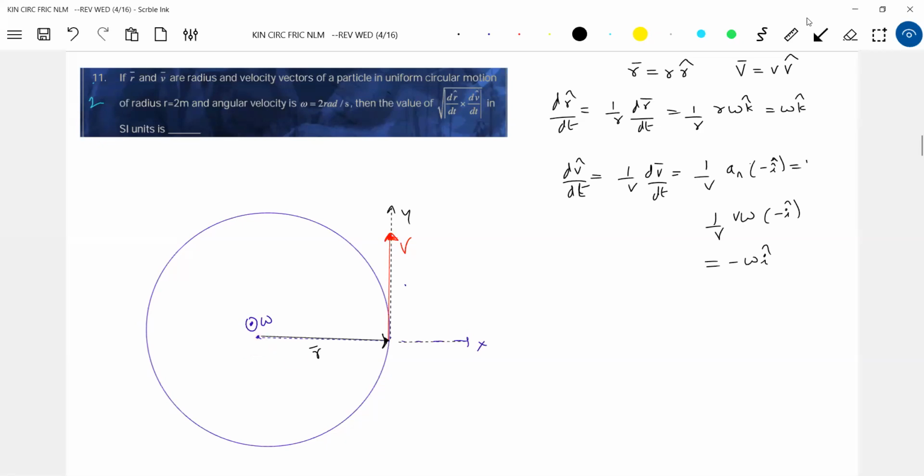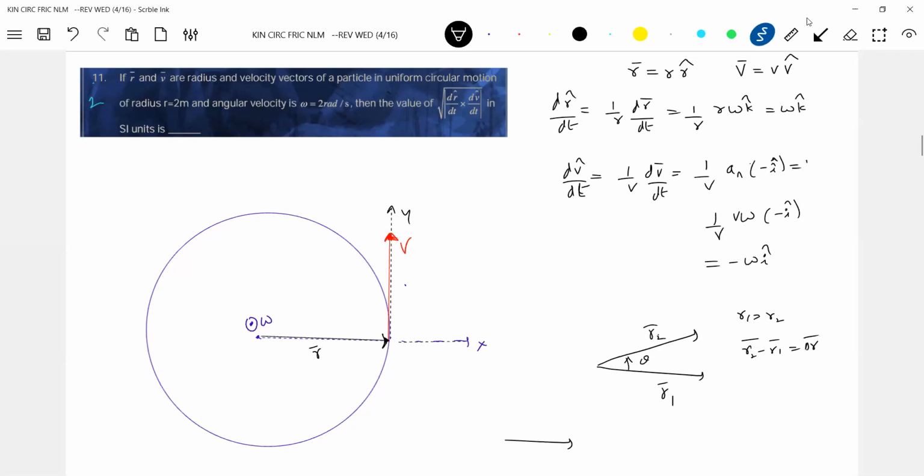I think we have to go back to the vectors. If the unit vector rotates here like this, there's the initial and there's the final. So I'll write R2 bar and R1 bar. In fact, R1 equals R2. I wanted R2 bar minus R1 bar, that is delta R bar.